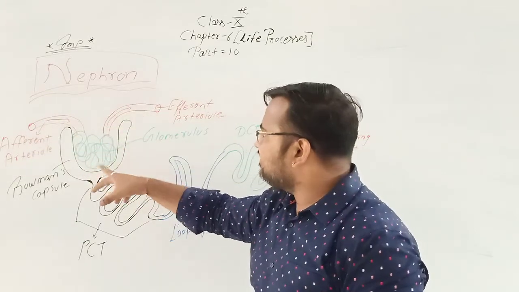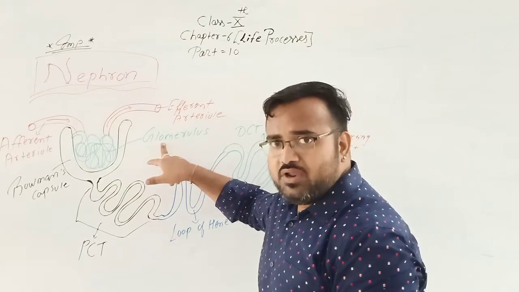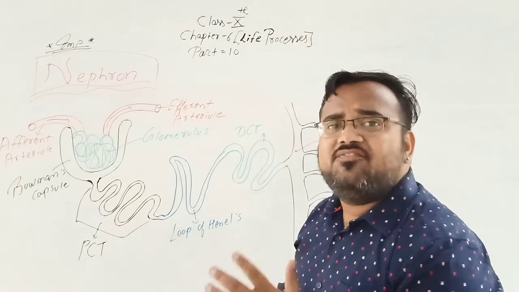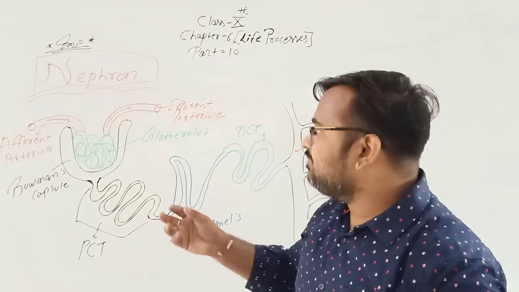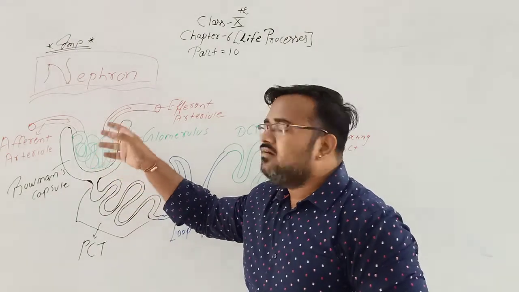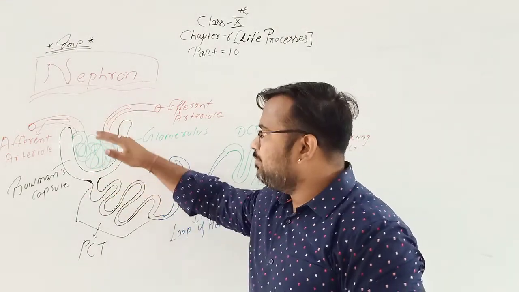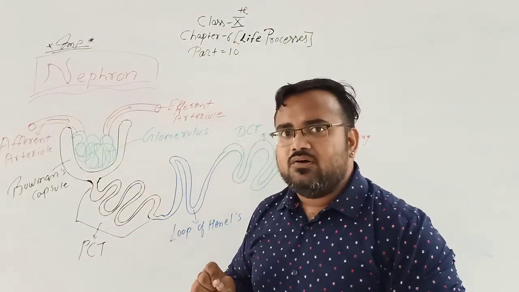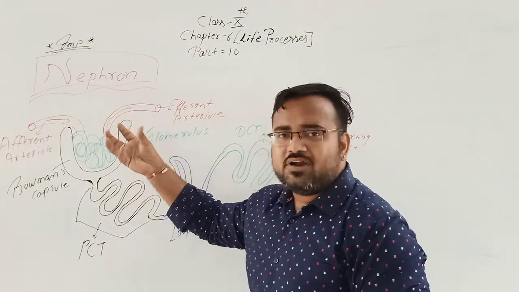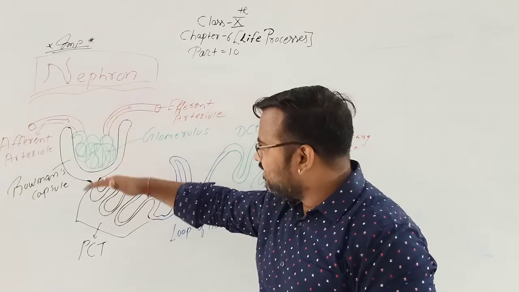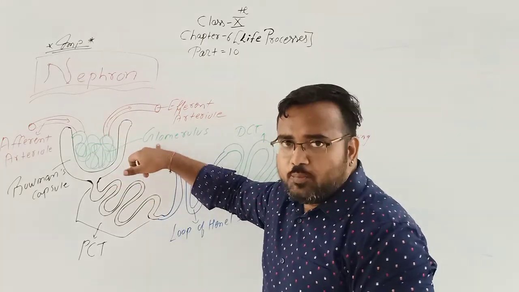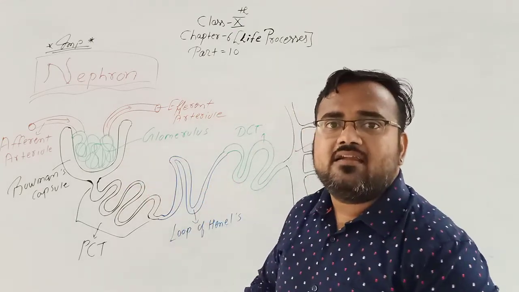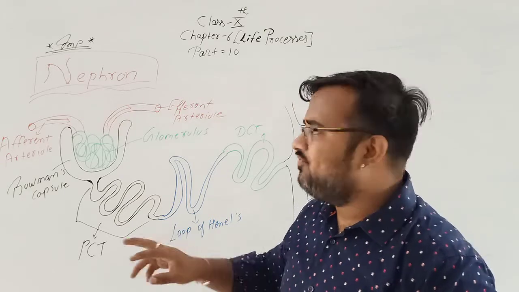So in the glomerulus, the blood gets filtered. That means the substances which are permeable through the glomerulus will be filtered. The waste products which are small in size get filtered here, and the materials which are larger in size are not filtered.